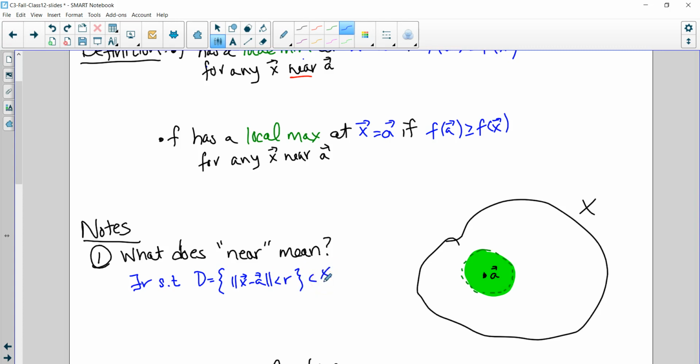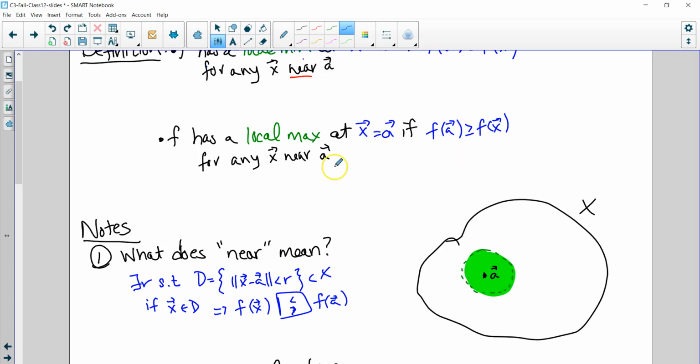So if vector x is in this domain D, then that forces f of vector x to be either less than or greater than f of vector A. Okay, so that is a necessary condition for us to say that we have this minimum or maximum occurring.